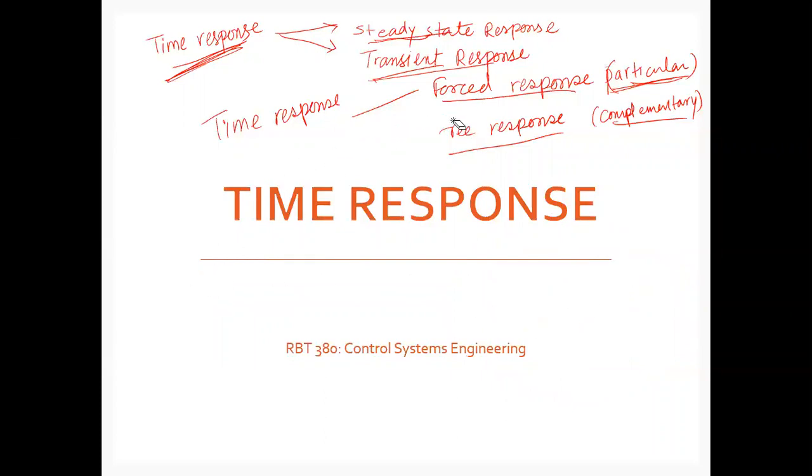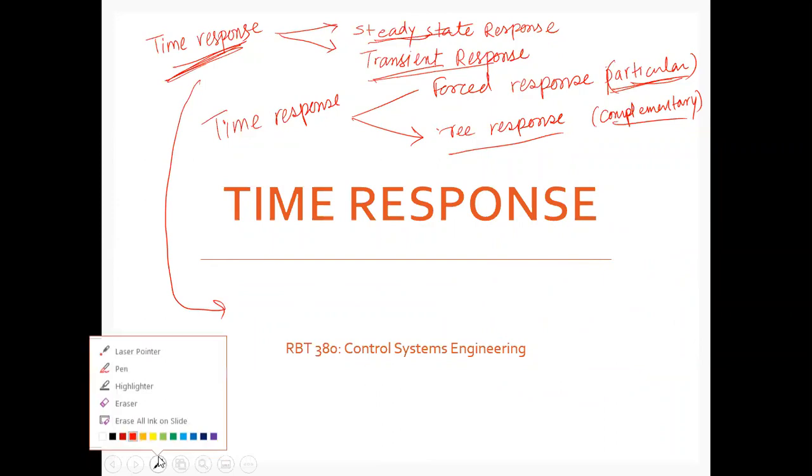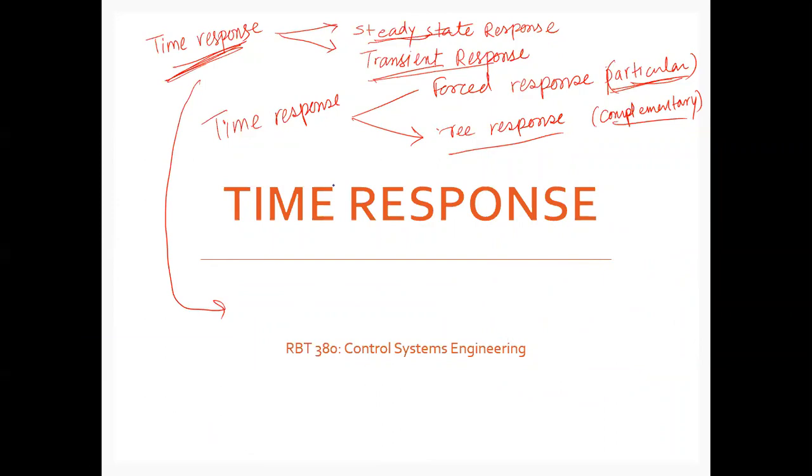Okay. Suppose you have these, how do you get the total? This is so bright, sorry, red. So let me choose a different color. What is the total output, the total response?